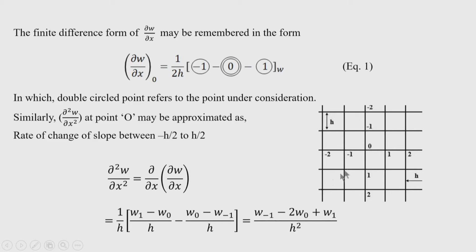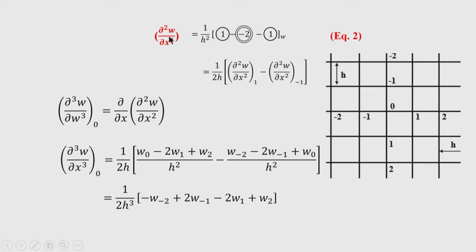So, minus 2 is only the coefficient of the central point, that is the node, and towards right and towards left the coefficient is 1. Okay. So, in that fashion we can now express this. Okay.